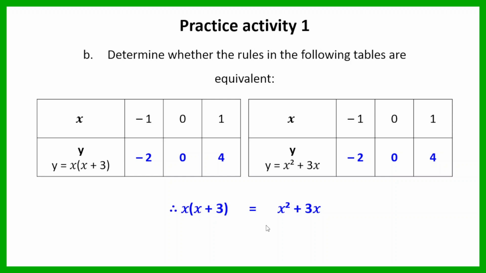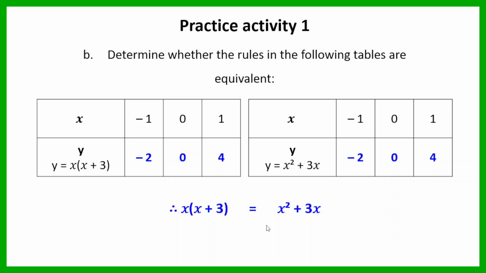You can determine if rules are equivalent by testing them, by using input values and seeing what output values you get for the two different rules that you're checking, and see if the output values that you get for the two rules using the same input values are equal to each other. And if the outputs are the same for the two different rules, that means that the rules are equivalent.